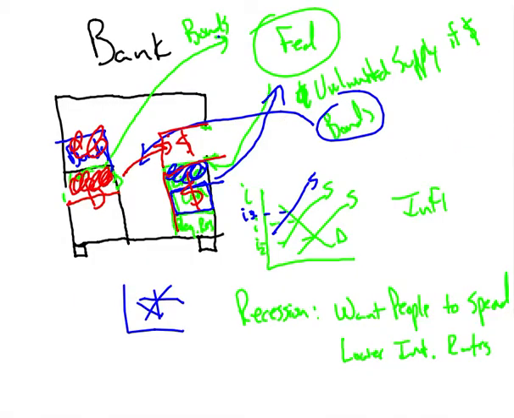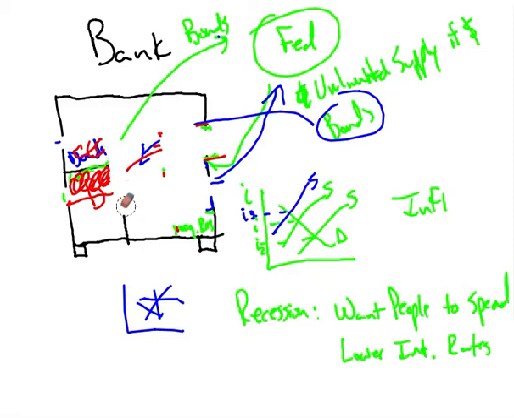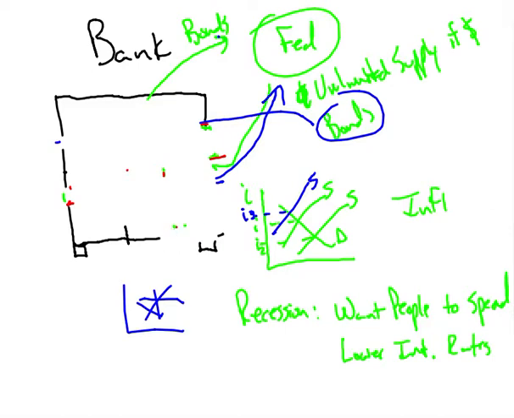Let me erase this real quick. I'm focusing on this one because the securities are what the Federal Reserve uses very often. So, come on, pen. All right, so remember this is the vault.